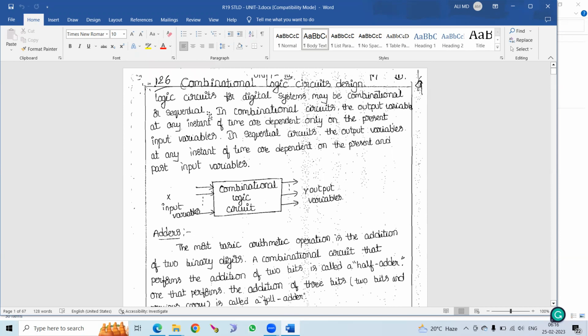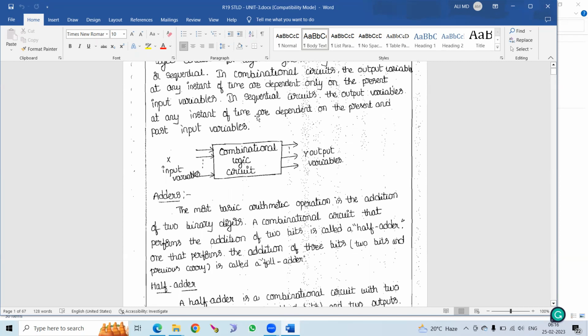In combinational circuits, the output depends on the given inputs only, but in sequential circuits, the output depends on the present input and the previous output. So there is a memory element in a sequential circuit. For example, in counters, it counts by using the previous bit, because it counts from 1 to 3 and so on. That means to get the present bit, you depend on the previous bit also.